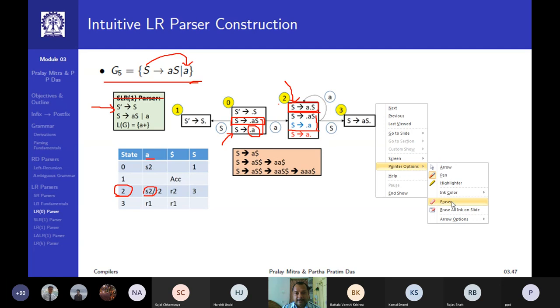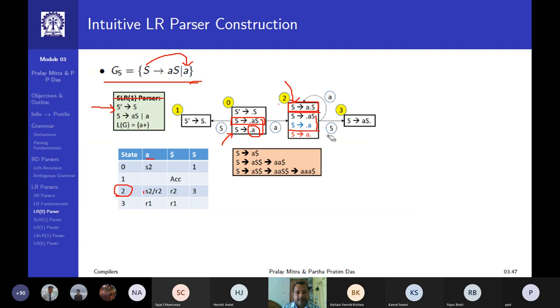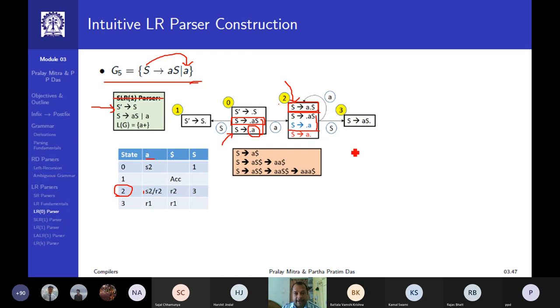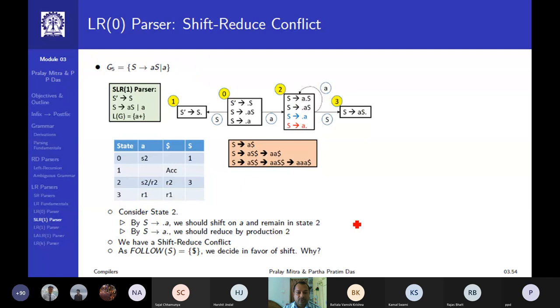But the fourth production rule at state 2, colored with A, indicates you reduce to S using the second production rule R2. Clearly, there is a shift-reduce conflict.